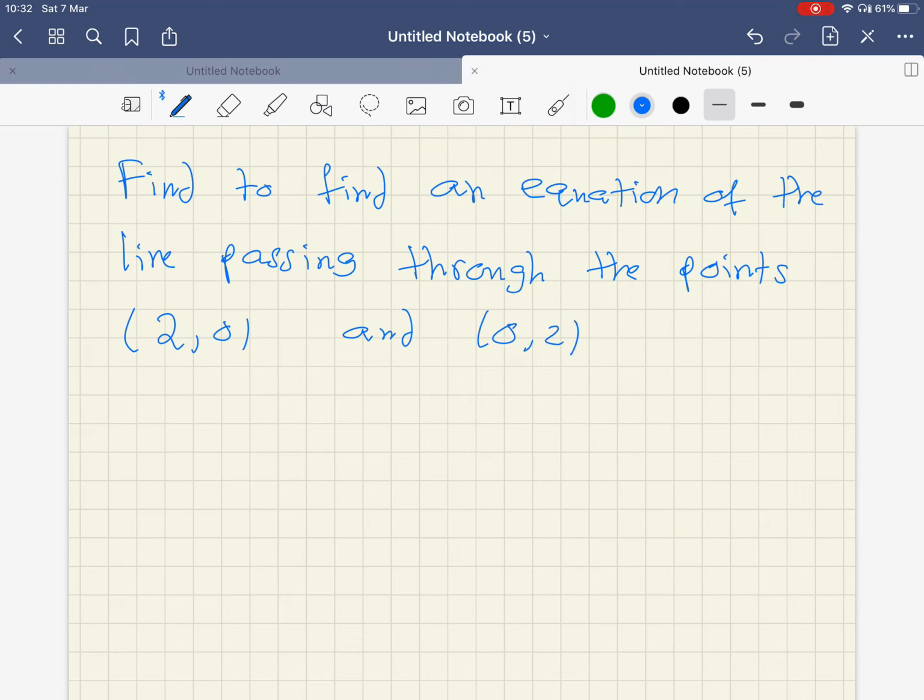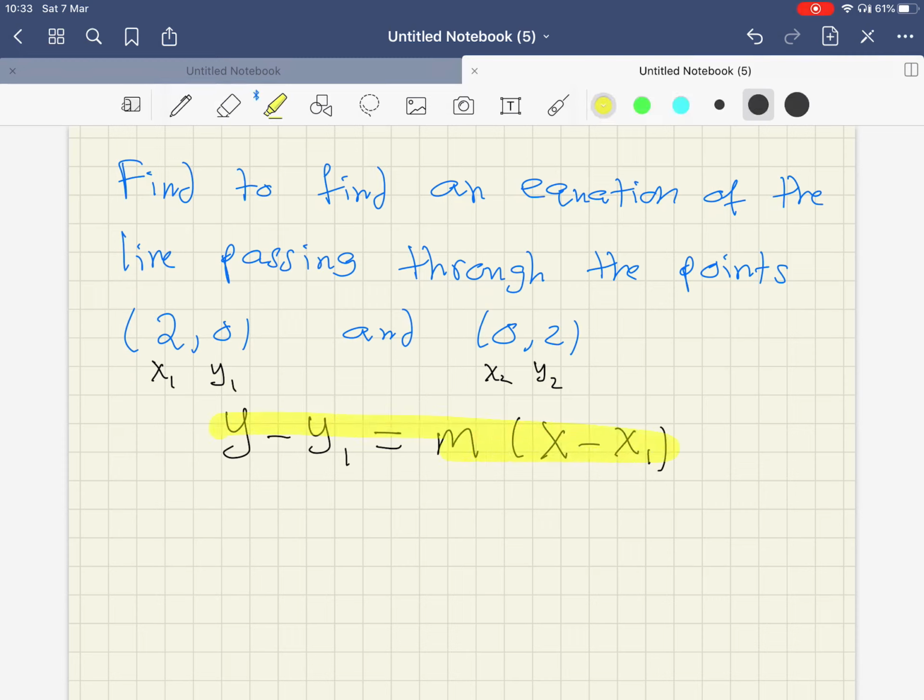Now, just to remind you how we find the equation of any line, it's usually given by this equation, y minus y1 equals the slope m, times x minus x1. So assuming this is x1, y1, this will be x2, y2. This is the equation of the line.